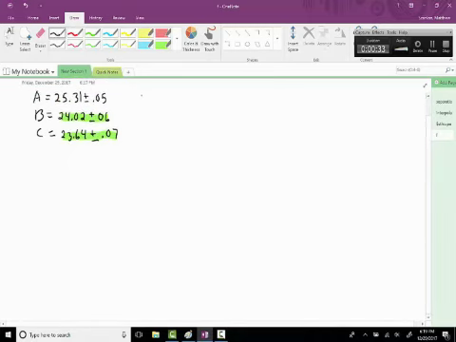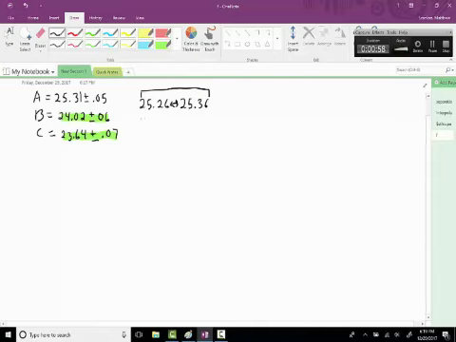So 25.31 plus or minus 0.05 means that when we measure the value, we're going to obtain, 95% of the time, a value between 25.26 and 25.36. This is the range over which we would expect to measure the value every time we measured it.